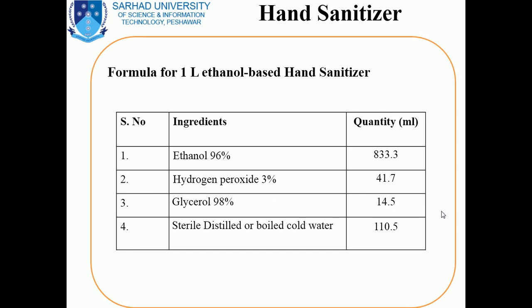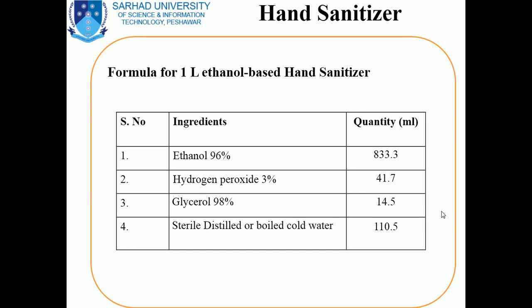Just we have to substitute isopropyl alcohol with the ethanol, and the quantity required is also different, that is 833.3 ml is required quantity of ethanol to make the 1 liter. 1 liter means 1000 milliliter of the formulation.